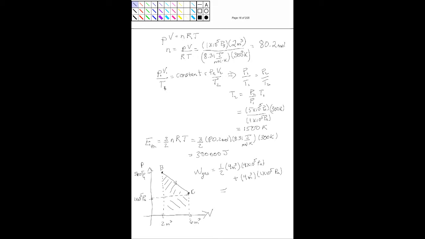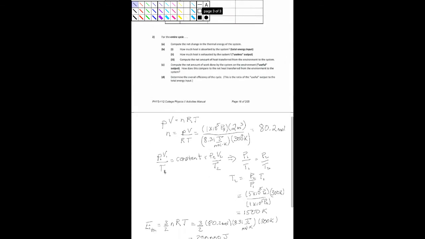We get the value of 1,200,000 joules. So that's the work done by the gas as we move from state B to state C.